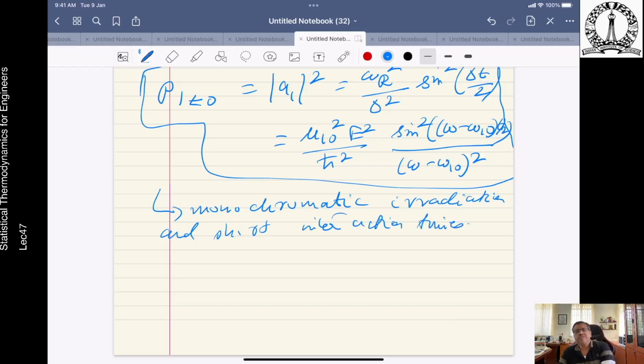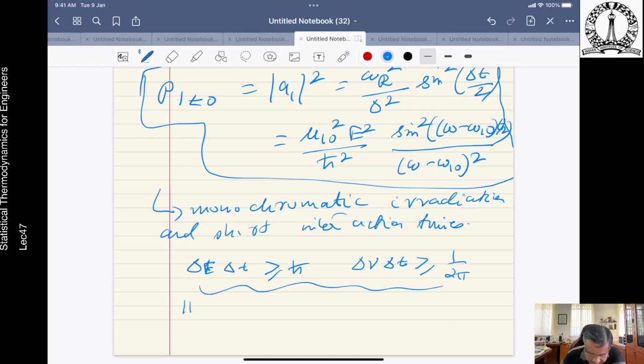These two requirements are obviously inconsistent with one another because of Heisenberg's uncertainty principle: delta E times delta t has to be greater than or equal to h bar, or delta frequency times delta t has to be greater than or equal to 1 over 2 pi. This must always be satisfied. This is Heisenberg's uncertainty principle.